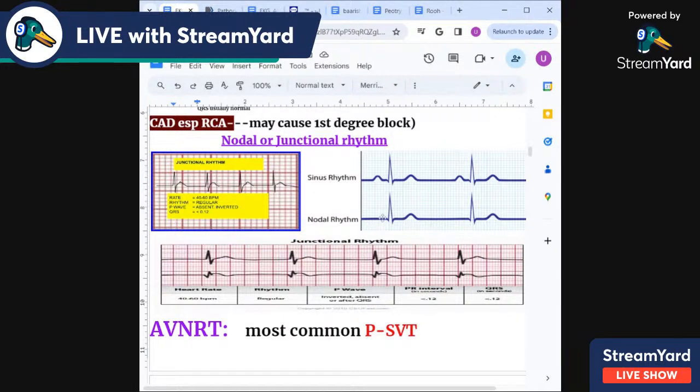See, QRST, the other components are present, but P is absent. Rate is slow, 40 to 60 beats a minute. Why? Because the nodal or junctional rhythm originates below, and that focus has the capacity to beat at a rate of 40 to 60 beats a minute. Rhythm is regular, rate is slow, QRS is narrow. So this is nodal or junctional rhythm.